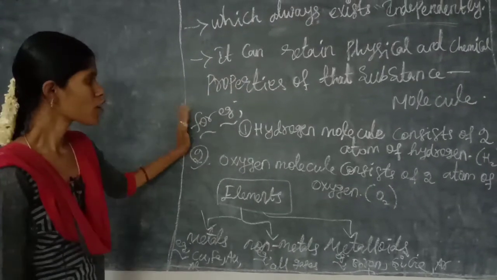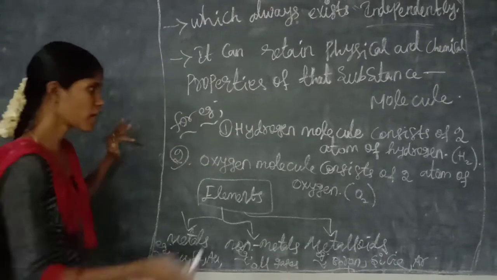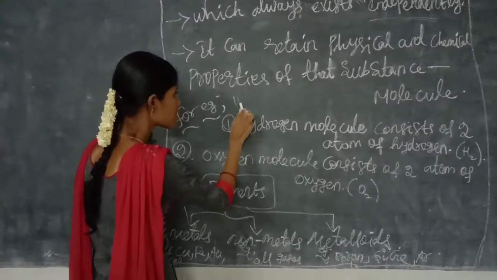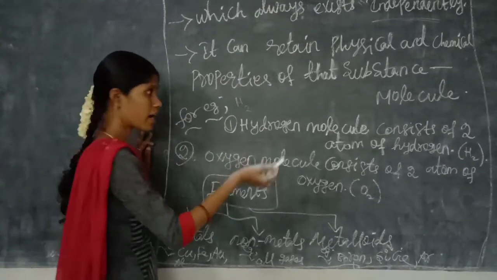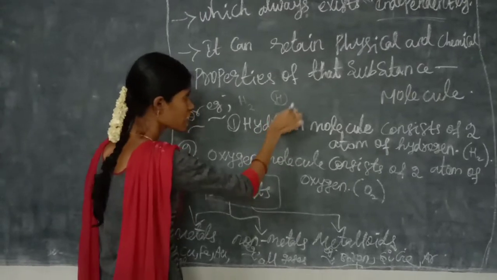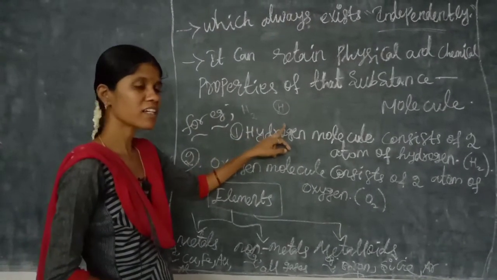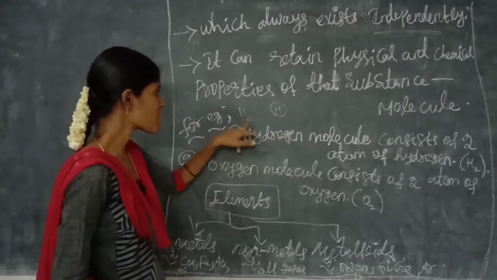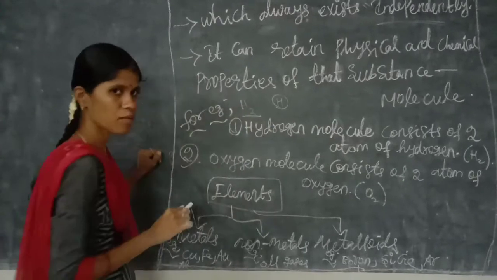For example, the hydrogen molecule consists of two hydrogen atoms. The hydrogen atom is written as H, whereas the hydrogen molecule is written as H2, so it consists of two hydrogen atoms.